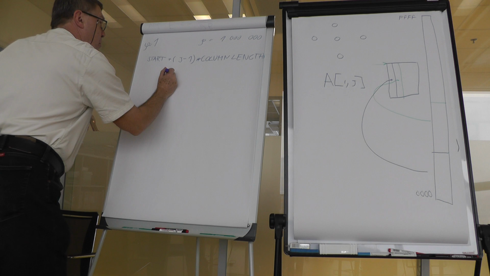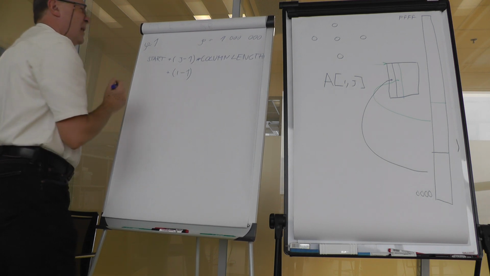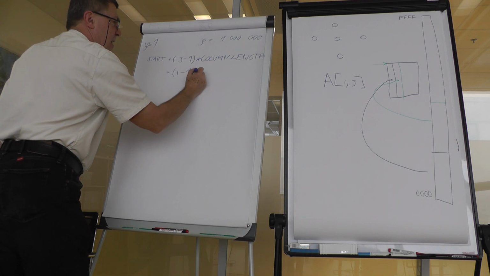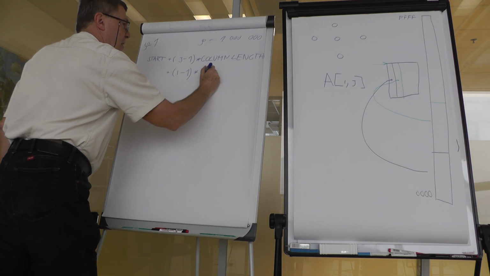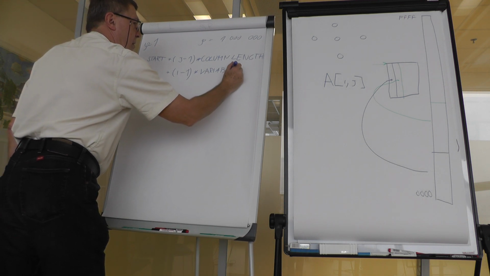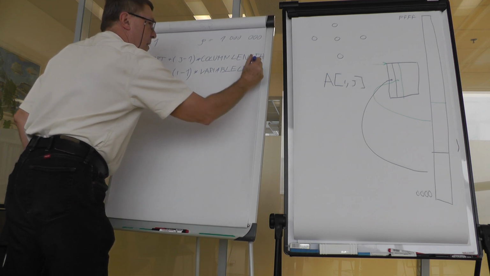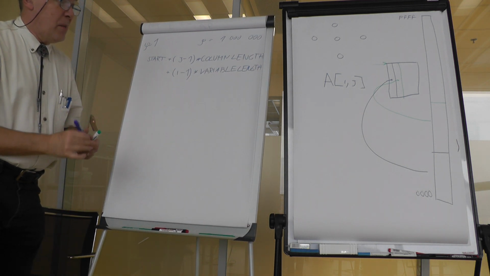Now, plus i minus 1 times the length of one variable.